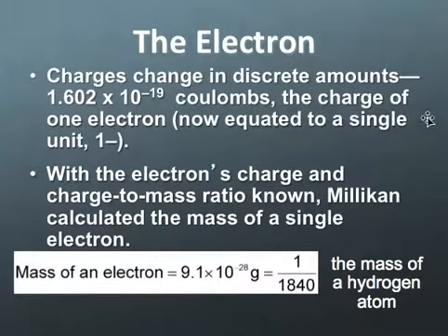And with a little bit of calculation, we now know that the charge of an electron is equal to 1.6 times 10 to the negative 19th coulombs. So that's what he got out of that. Now we just call it negative one.